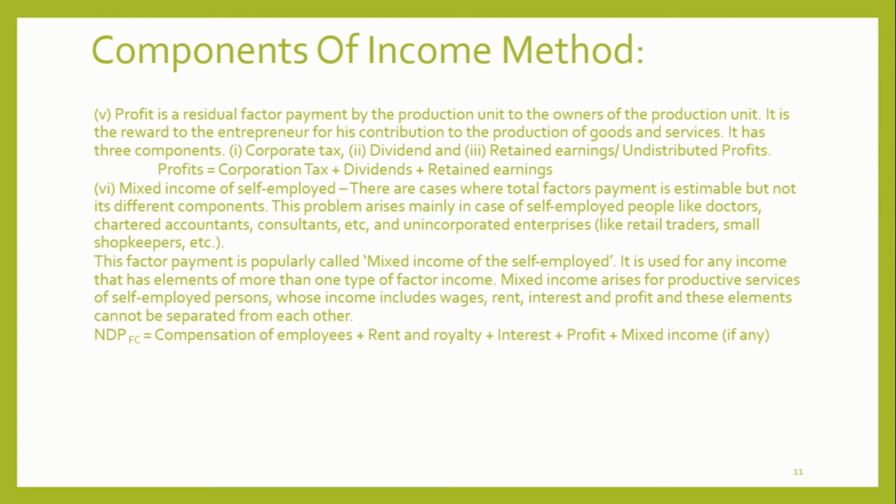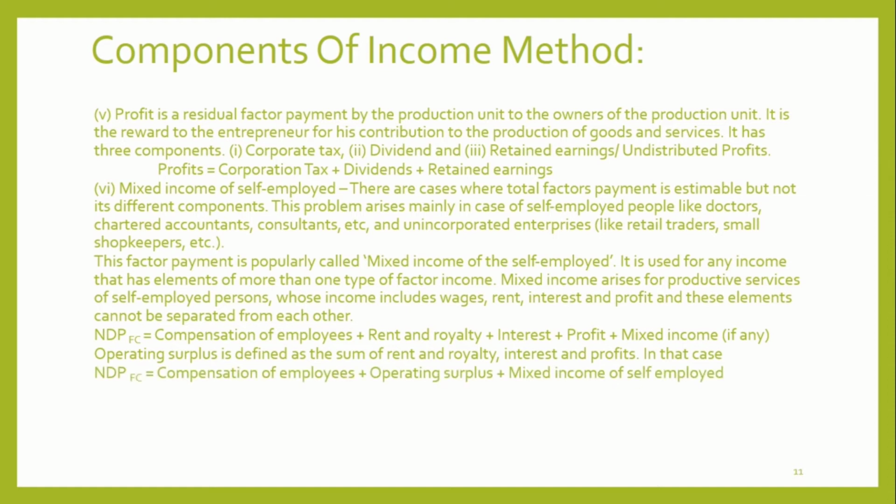NDP at factor cost is equal to compensation of employees plus rent and royalty plus interest plus profit plus mixed income. Operating surplus is defined as the sum of rent and royalty, interest and profit.